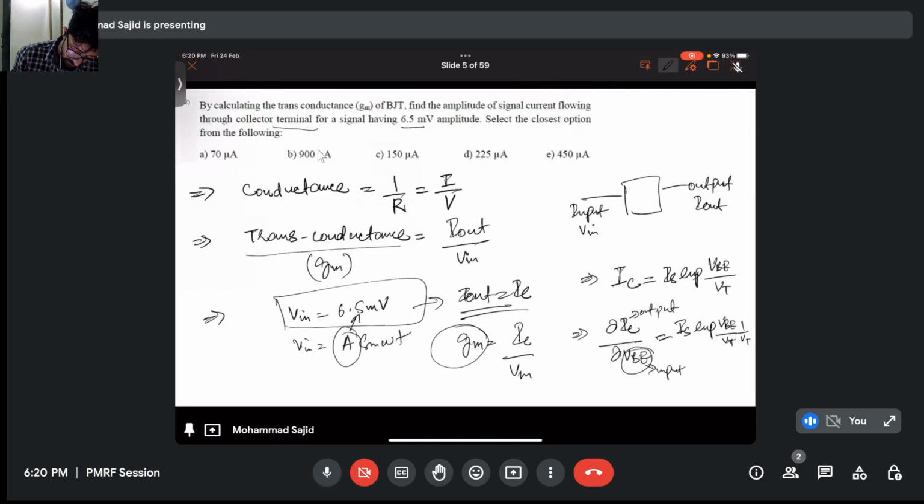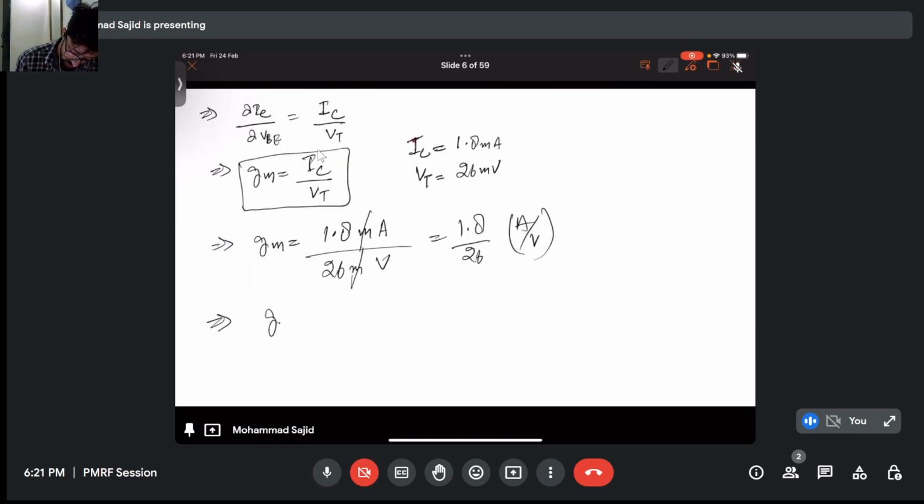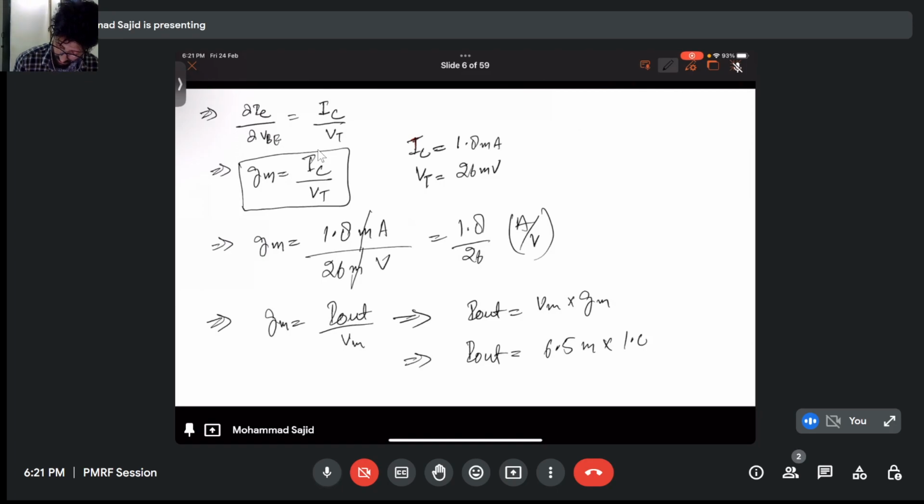Now our aim is to calculate the amplitude of the signal current flowing through the collector terminal. Again, going by definition of Gm, this is I output by V in. This will give me I output as V in multiplied by Gm. V in is given to me as 6.5 milli, and Gm is 1.8 by 26.